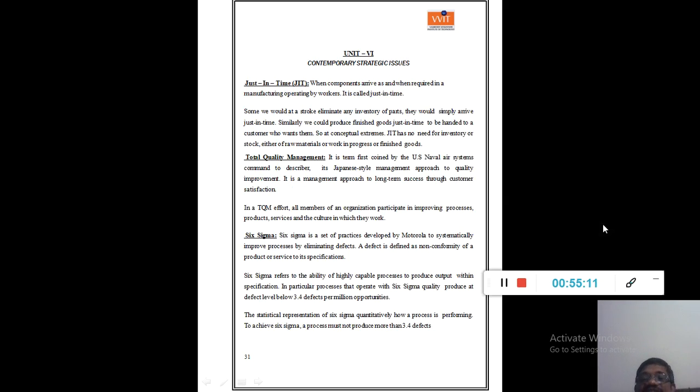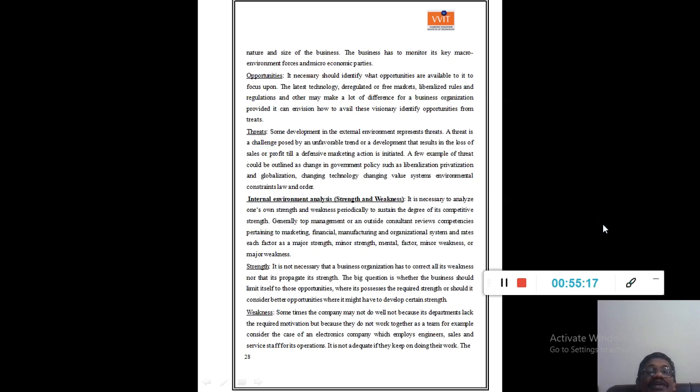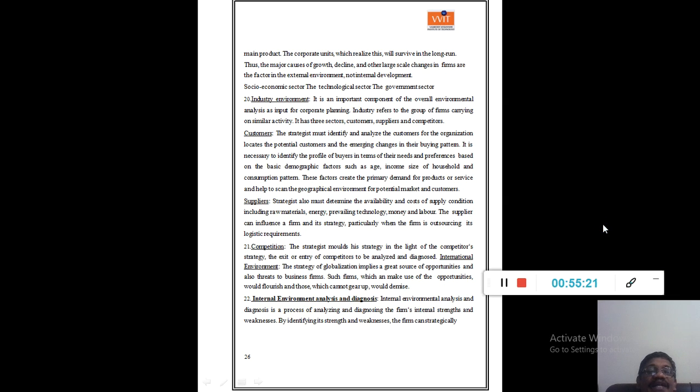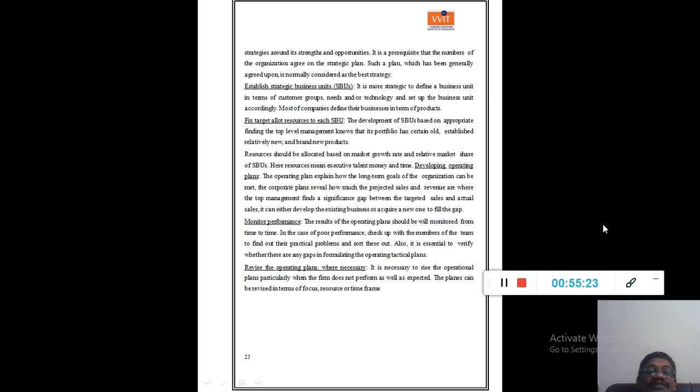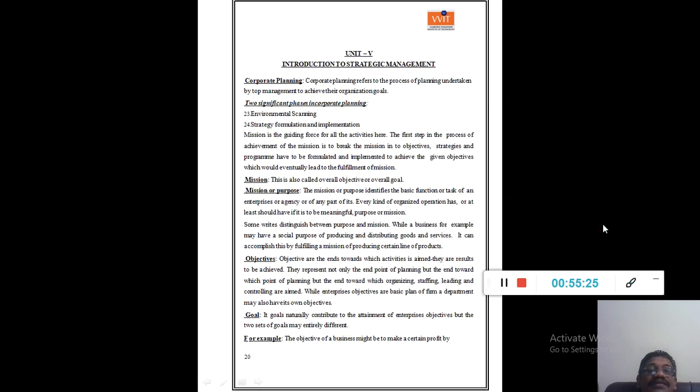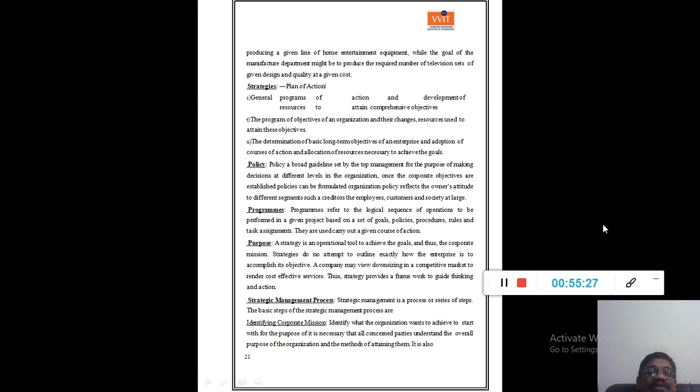Before going to discuss unit number 6, I would like to recapitulate unit number 5. So here you have policy. Program refers to logical sequence of operations to be performed in a given project based on a set of goals. Program means it's just like a timetable.